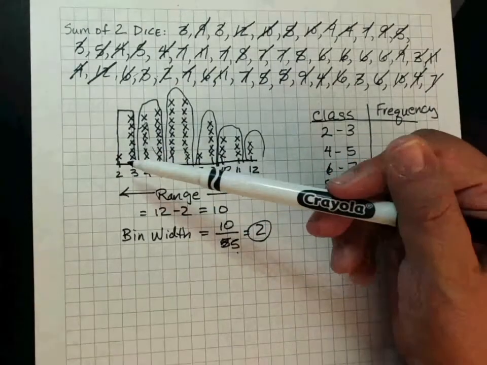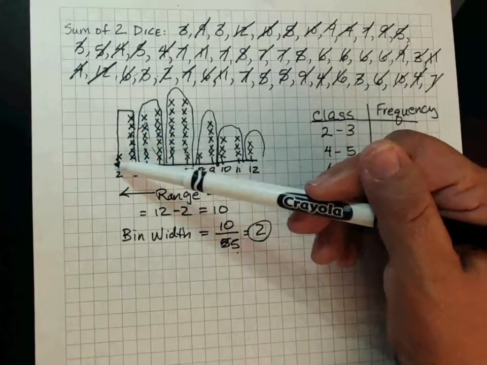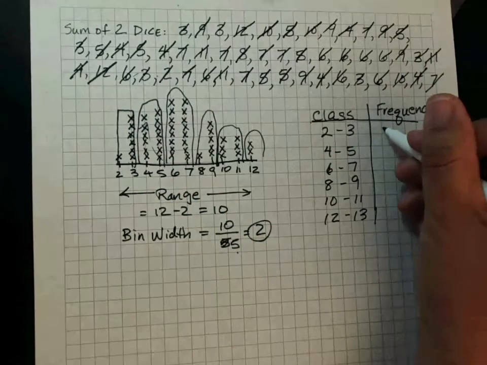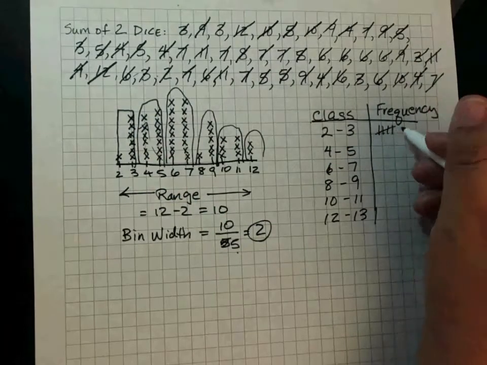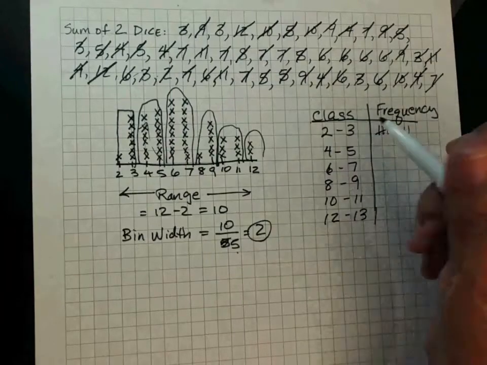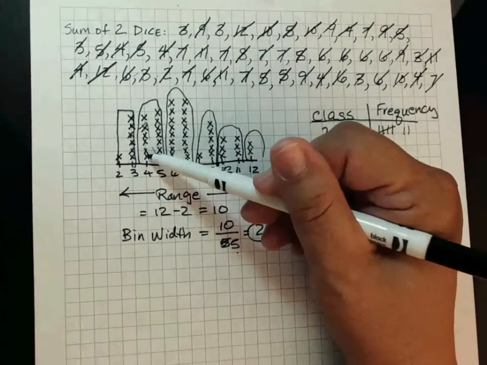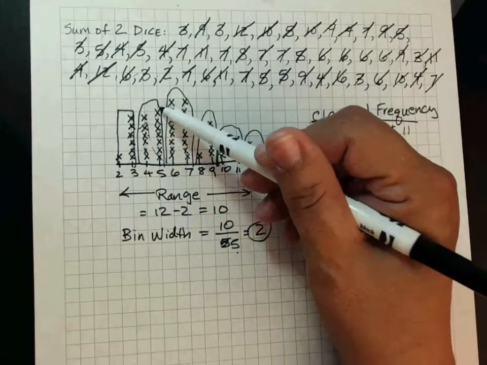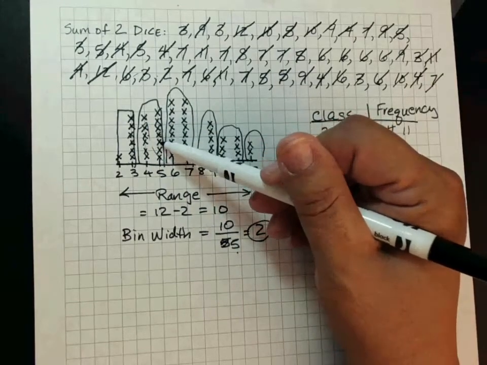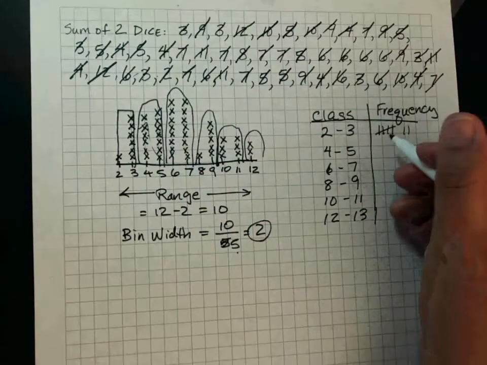If I count all these up, I've got 7 in that bin. Counting these up, 1 through 13.